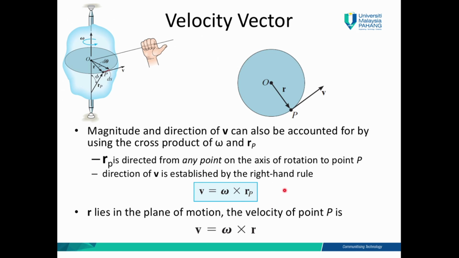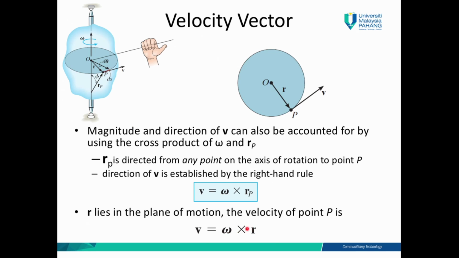Let's say that your r here lies exactly on the same plane as the motion of point P, meaning it is on the same plane, like a paper. So you can simplify r_P into just r, which is the radius from 0 to the point P. So you can find the cross product of omega and r.